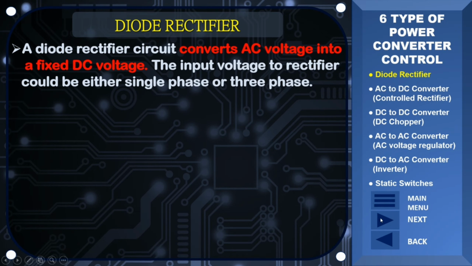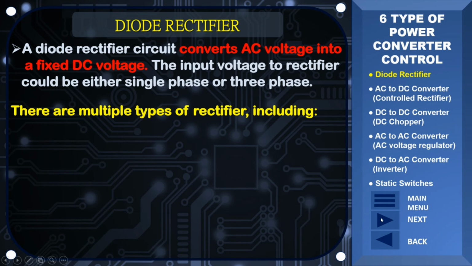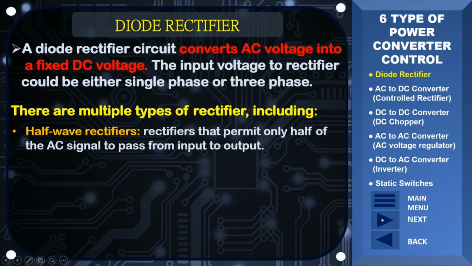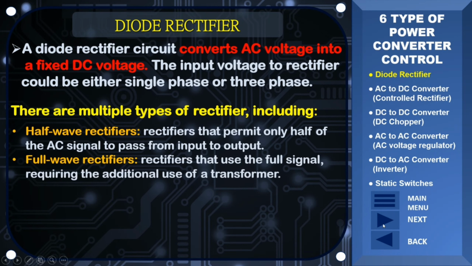There are multiple types of rectifier, including half-wave rectifiers, rectifiers that permit only one half of the AC signal to pass from input to output. The full-wave rectifiers, rectifiers that use the full signal, requiring the additional use of a transformer.